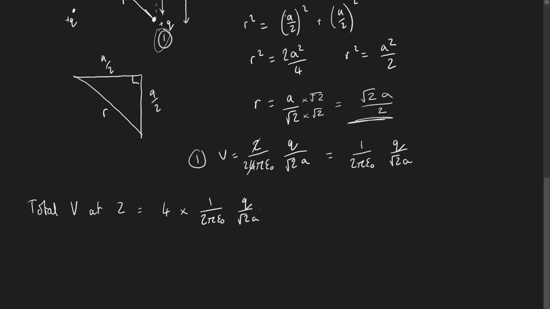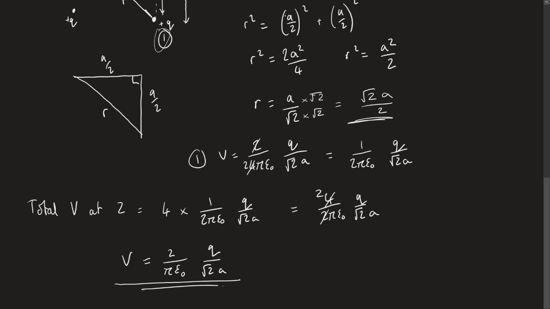This leads me to 4 over 2 pi epsilon naught, q over root 2 a. I can cancel a 2 on the top and bottom, and I end up with the potential at Z being 2 over pi epsilon naught, q over root 2 a. Now this is your general answer for this.